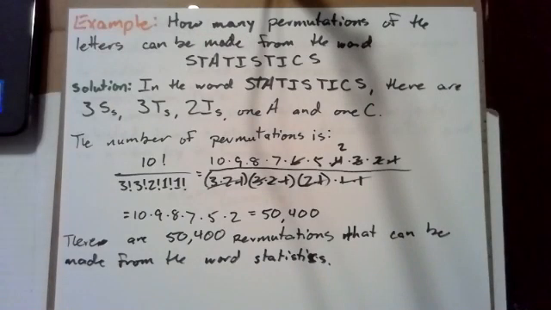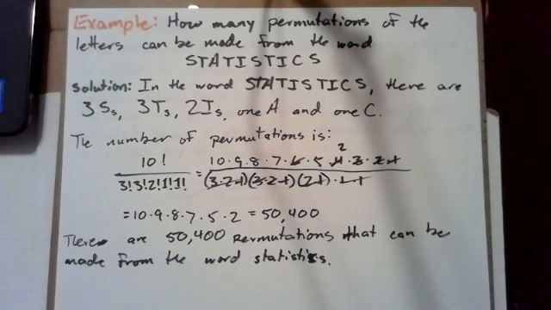For example, how many permutations of the letters can be made from the word statistics? Solution. In the word statistics, there are 3 S's, 3 T's, 2 I's, 1 A, and 1 C. The number of permutations is 10 factorial, since there are 10 letters in statistics, divided by 3 factorial times 3 factorial times 2 factorial times 1 factorial times 1 factorial.